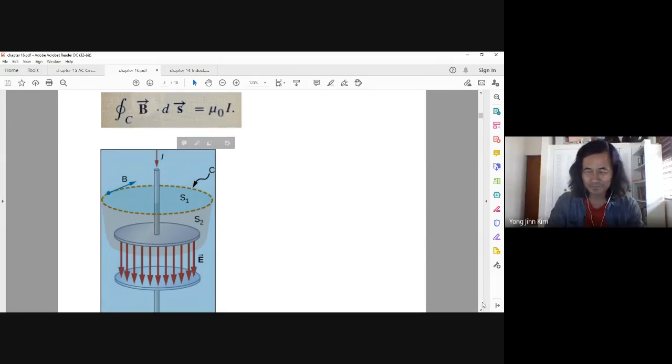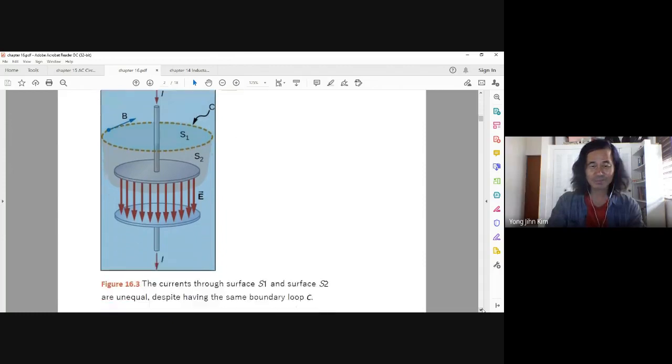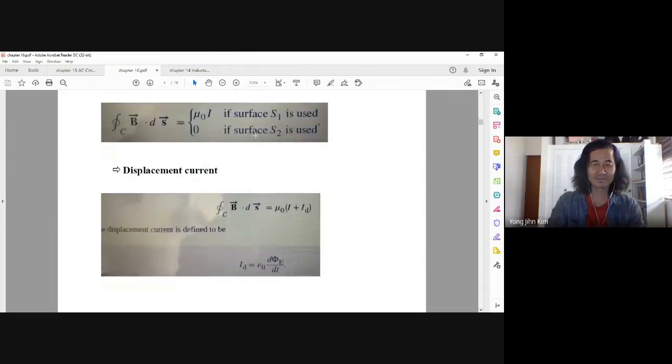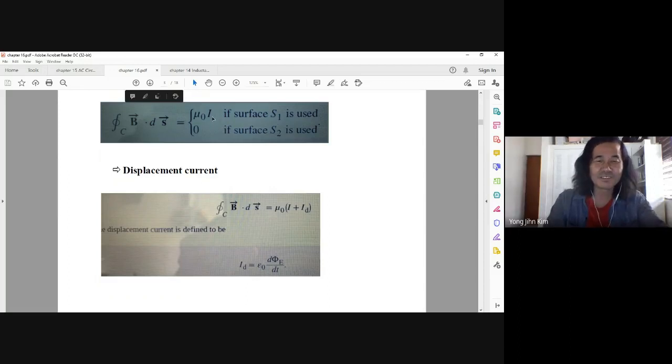So we have a big problem. If I use surface S1, we have mu0 I. But if I use surface S2, the current is 0. So for the same problem, we have two different results. Okay, so something is wrong.